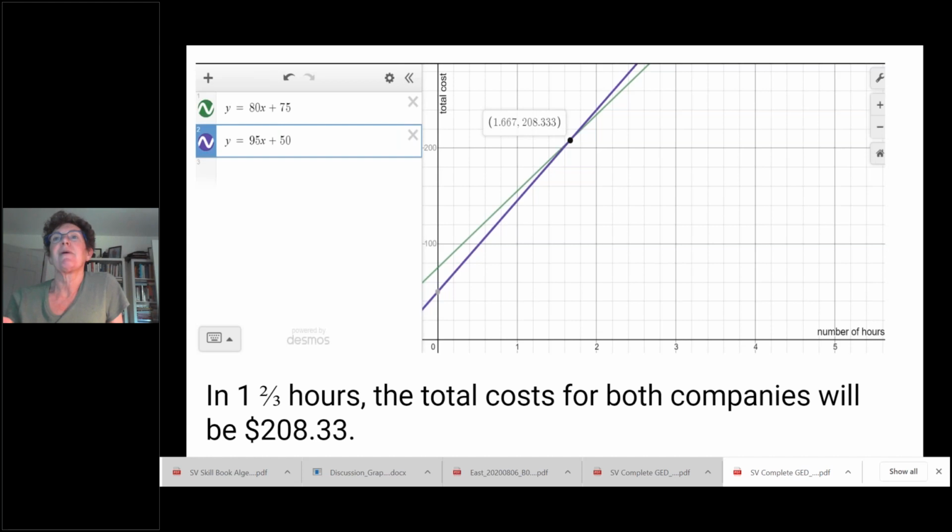If I think it's going to take them an hour or less, then I probably want to go with this purple company here, which was Busy Bee, I think. And if I think it's going to take more than 2 hours, I probably want to go with Action Repair.